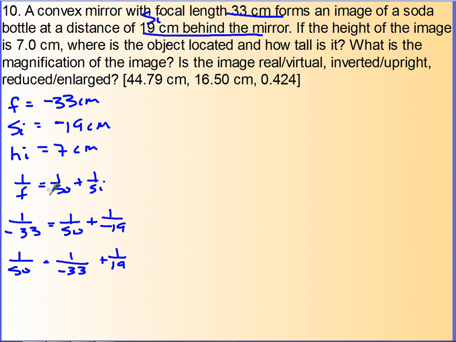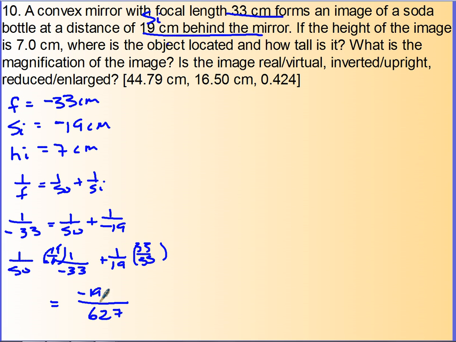We get a common denominator. I'm not seeing anything real neat. So 33 times 19 is a common denominator of 627 centimeters squared. It's kind of ugly. So I have to multiply by 19 over 19 here, and 33 over 33 here.